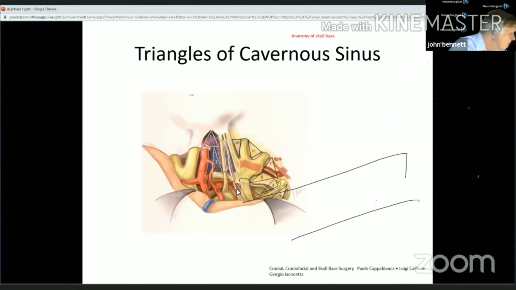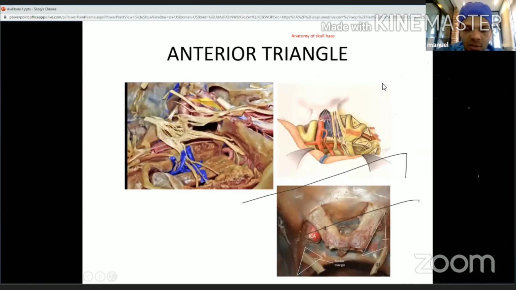So the triangles, what we need to remember is that we need to see the triangles in 3D space. Go next, John, please. We need to see from superior and lateral. This triangle we have here is the clinoid triangle or anterior triangle.